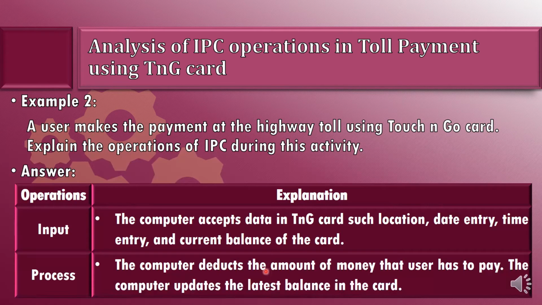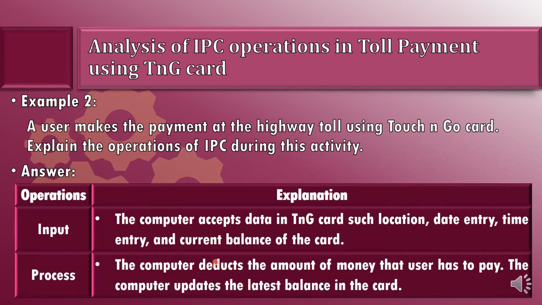Look at here. The computer deducts the amount of money that the user has to pay. Second point, the computer updates the latest balance in the card. So we have 2 points to answer here.